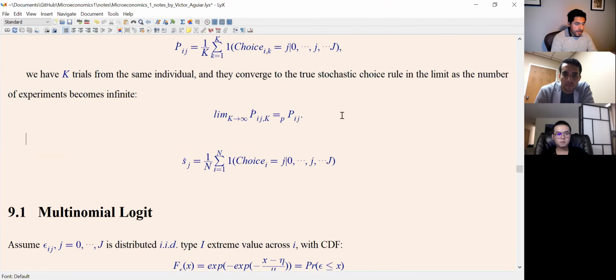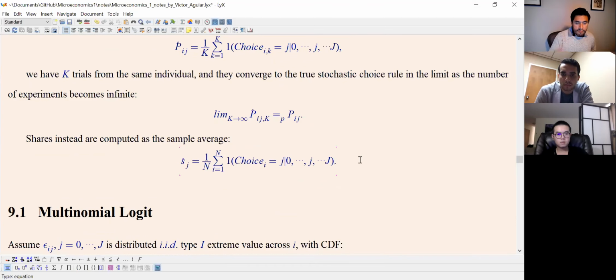And shares instead are computed as the sample average, okay? And then this sample average will converge to this true share as n goes to infinity, okay? So everyone understands the two kinds of data sets we're looking at. These are cross-sectional objects, and the others are time series objects.